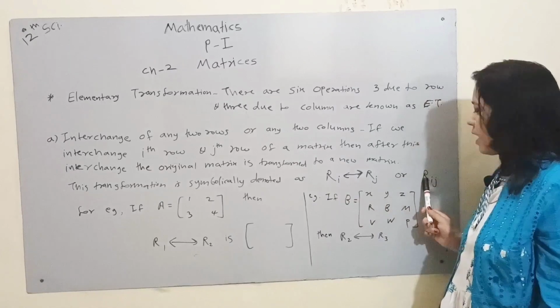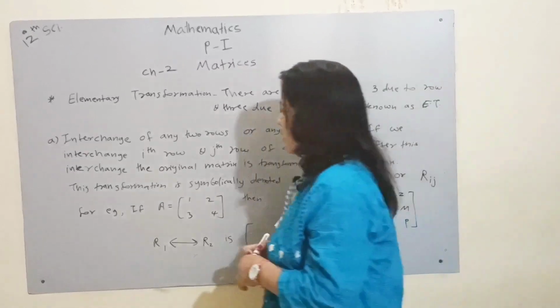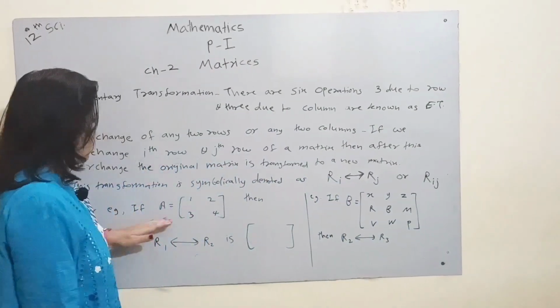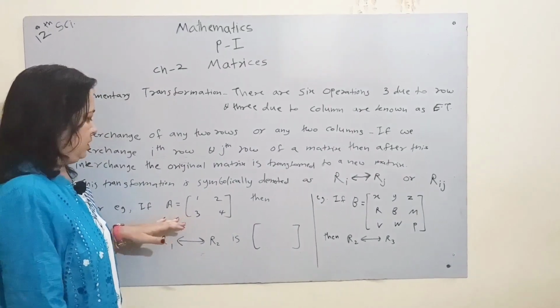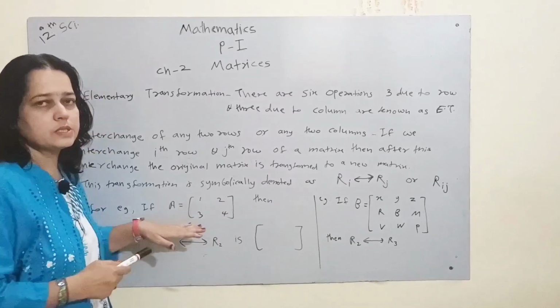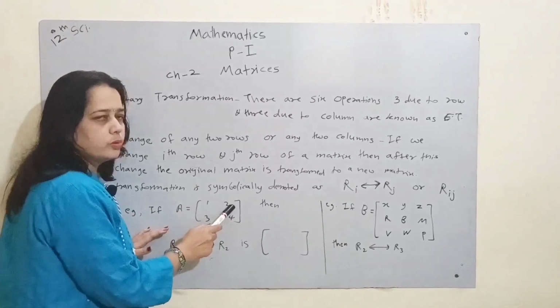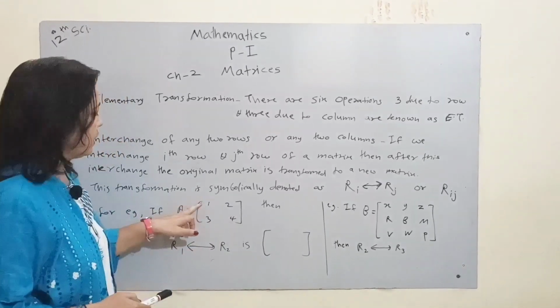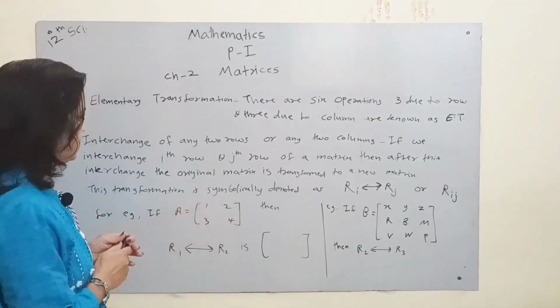It is written as Rij. For example, here matrix A is given, in which 4 elements are arranged in a square: 1, 2, 3, 4. So here 2 rows and 2 columns.